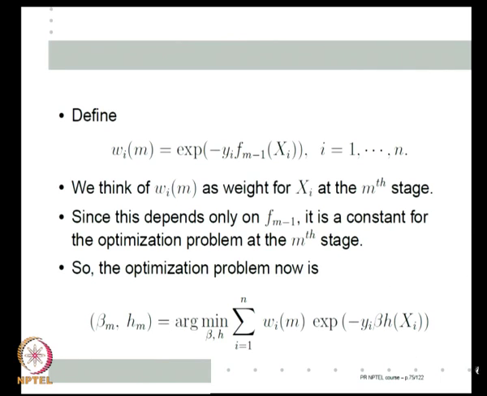So, my empirical risk for the model will be some weight, unspecified at this point because that depends on the f_{m-1} part of the model, into exponential of minus y_i beta h(x_i), summed over i equal to 1 to n to get me the empirical risk, and this is minimized over beta and h. The minimizing beta and h happen to be my mth component.